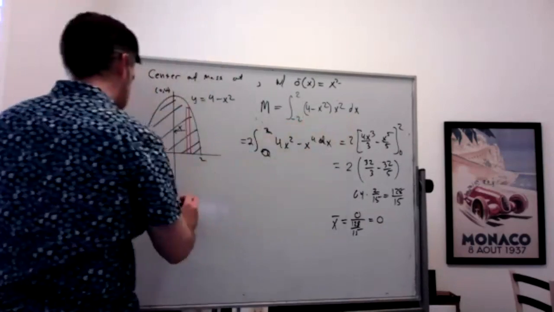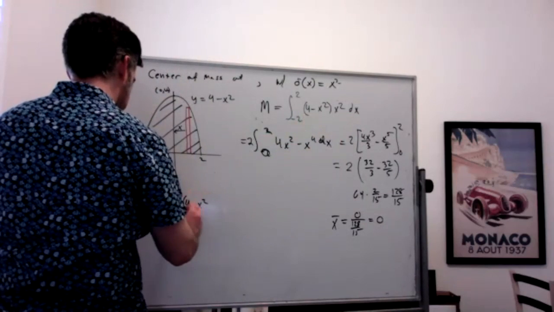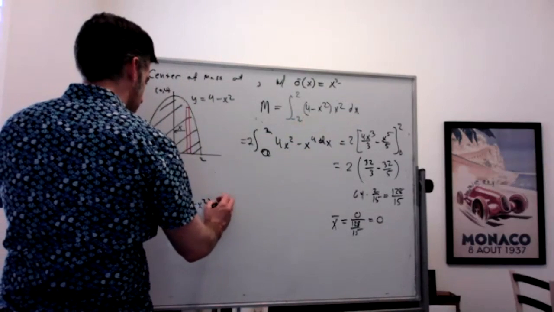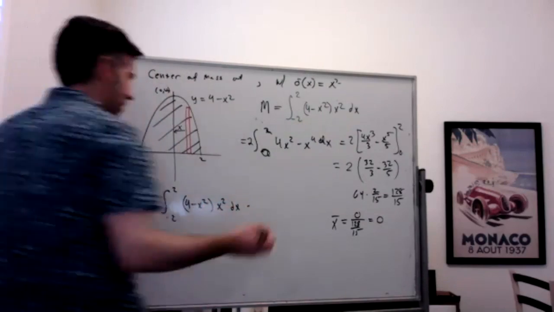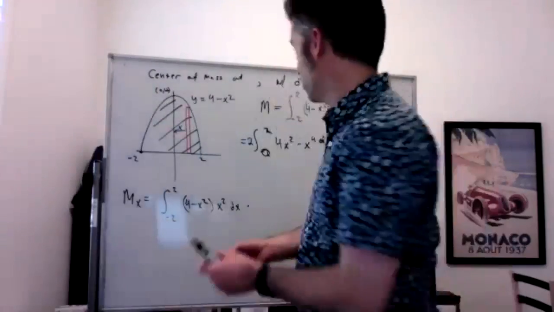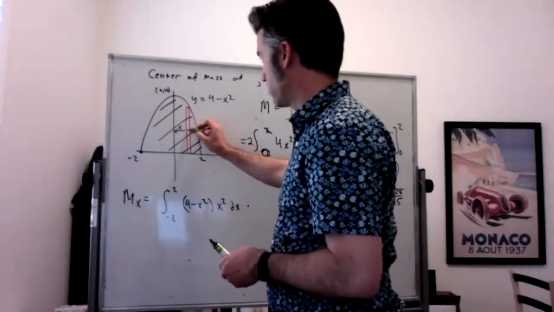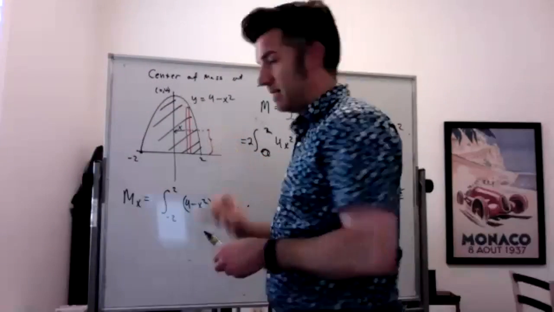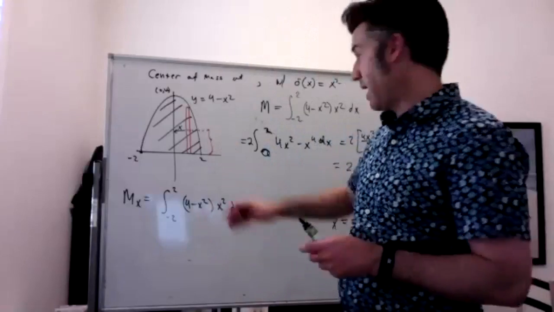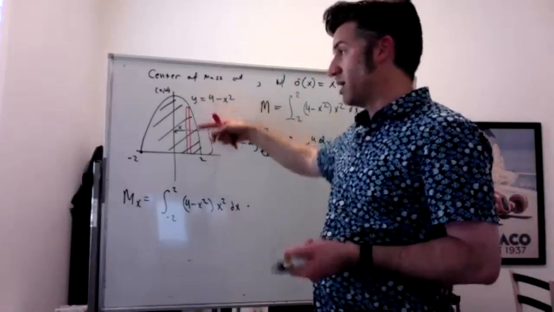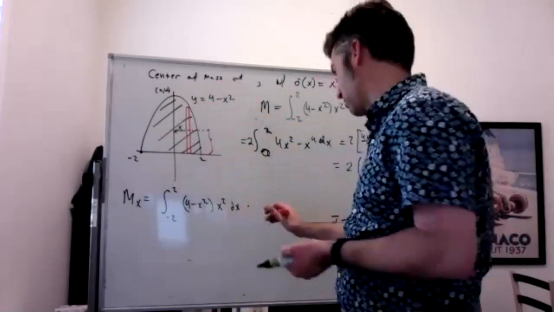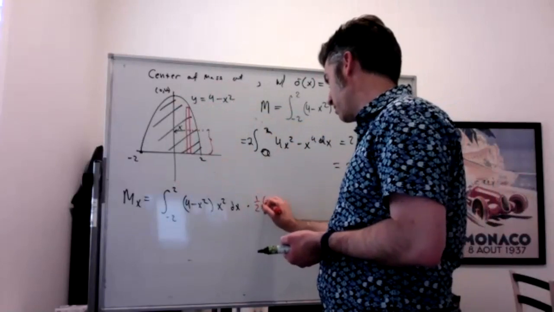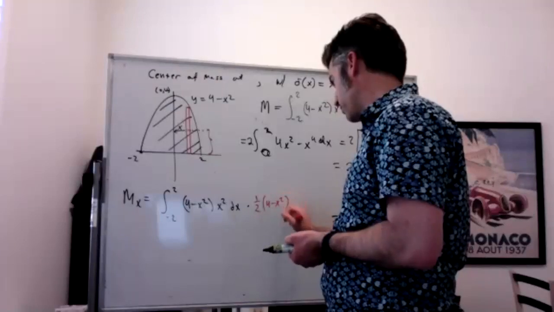There's the mass, times the lever arm. But the lever arm is that distance there, which is half of how high the function is. In this case, since the bottom is 0, it's just half of the function. So it's going to be half of 4 minus x squared.